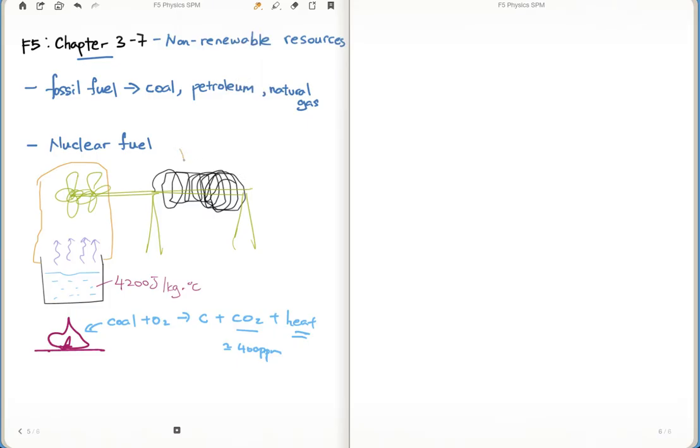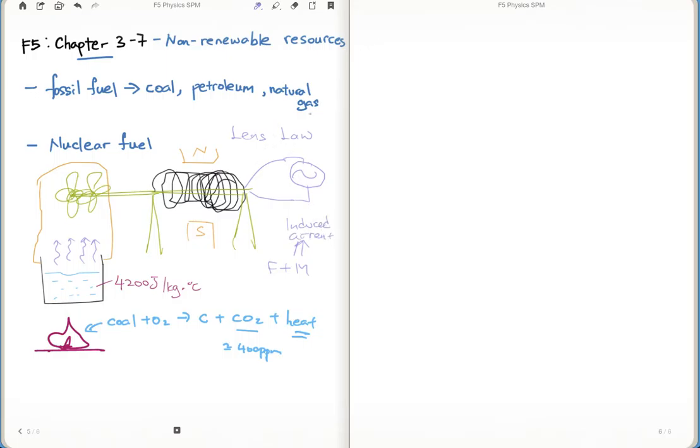You may watch my video on an actual model of how it works, and therefore you get your sinusoidal electricity. This is based on Lenz's law, where you provide force, you provide a magnetic field, therefore you get induced current.